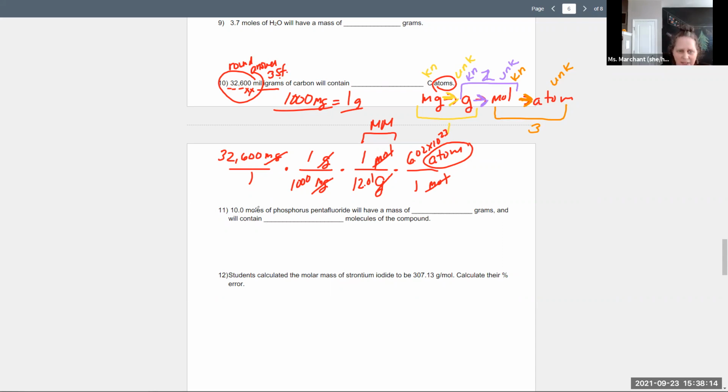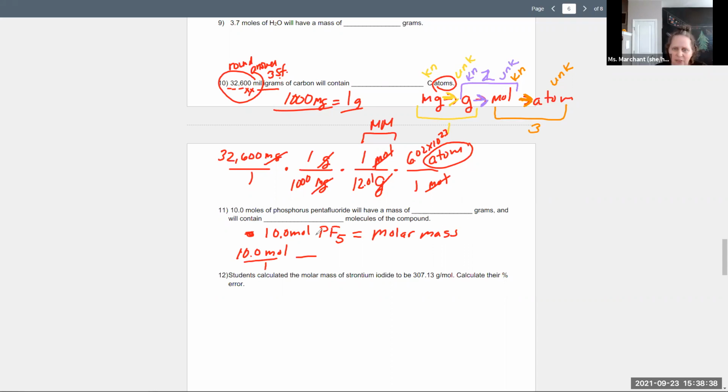Number 11, there are 10.0 moles of phosphorus pentafluoride. What will be its mass? How do we find out the mass of something? Molar mass. Okay, so for this one, 10.0 moles.